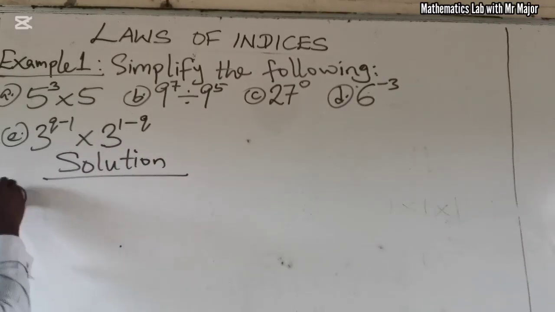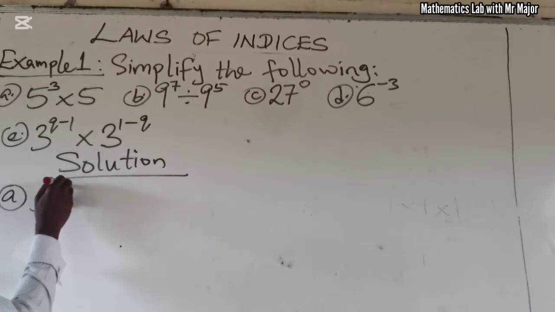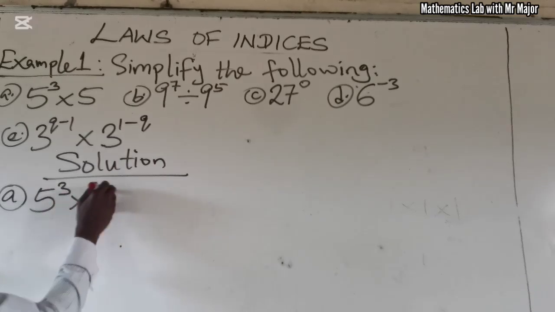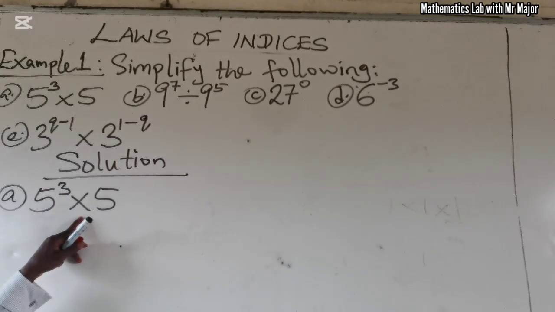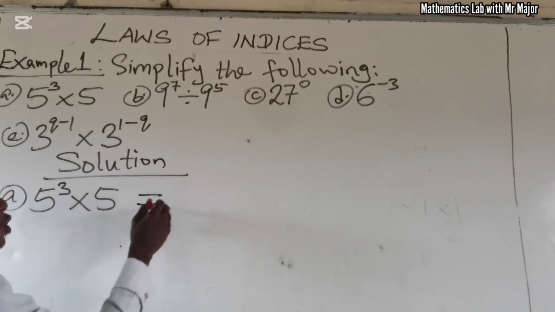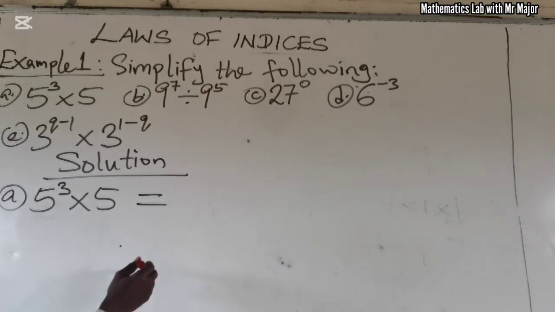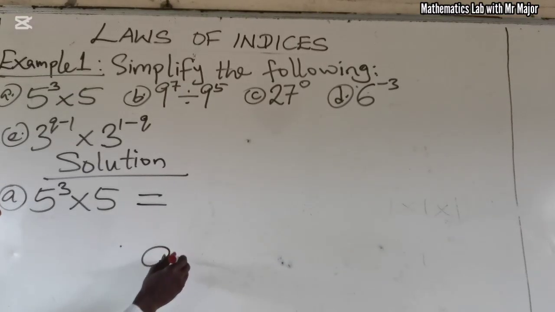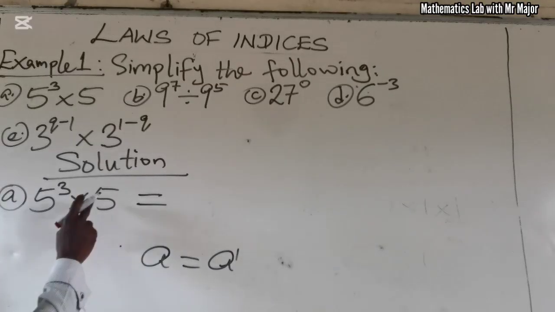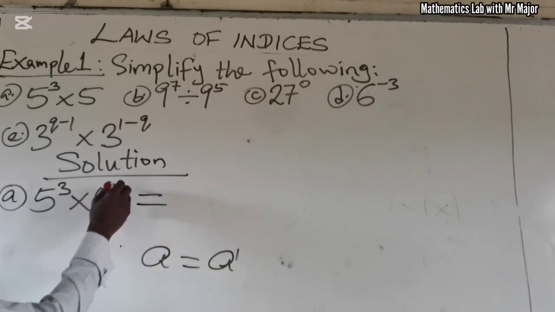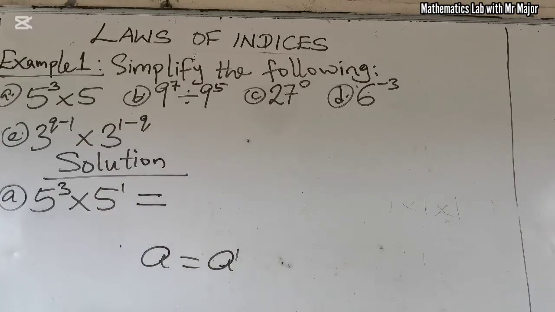The first one is 5 raised to power 3 times 5. This is falling under multiplication law. Now, I have said it before, if you have a quantity like A, it is the same thing as A raised to power 1. What that means is that the 5 here is the same thing as 5 raised to power 1.